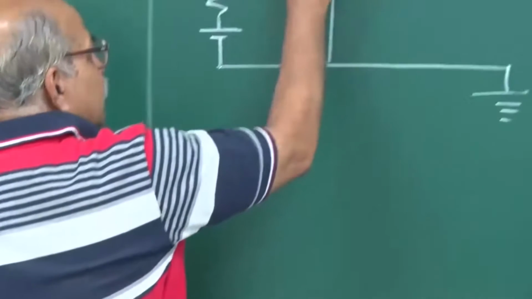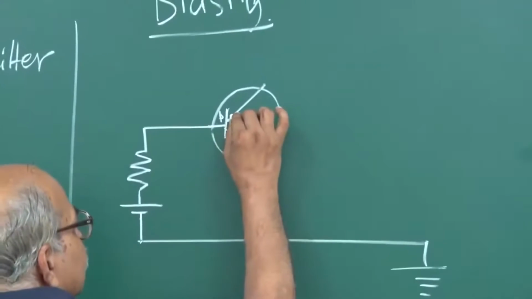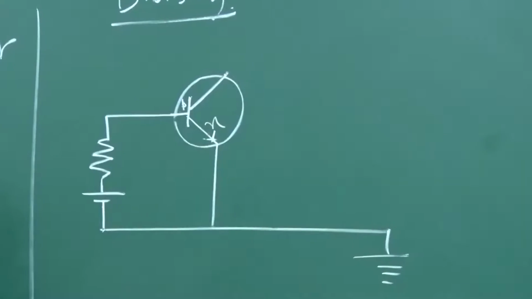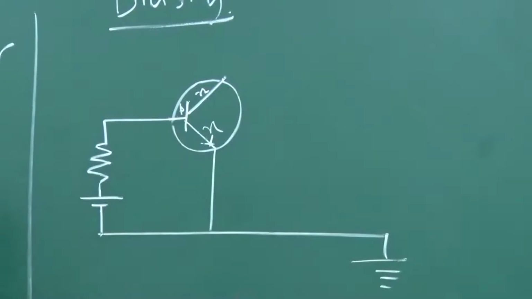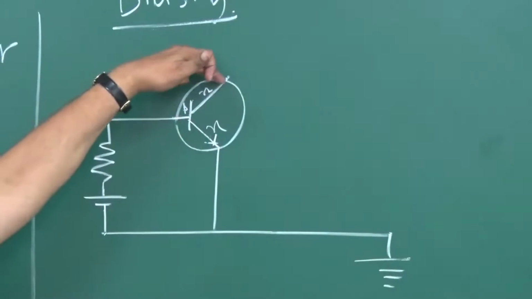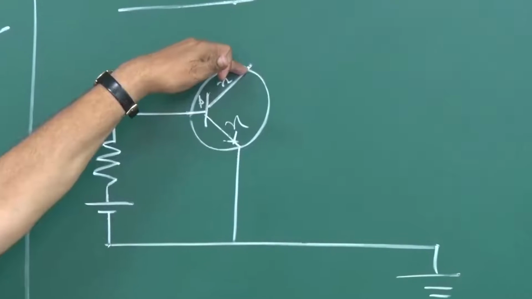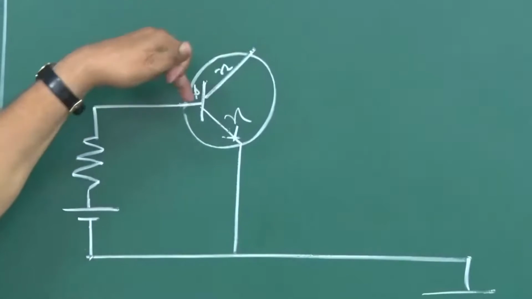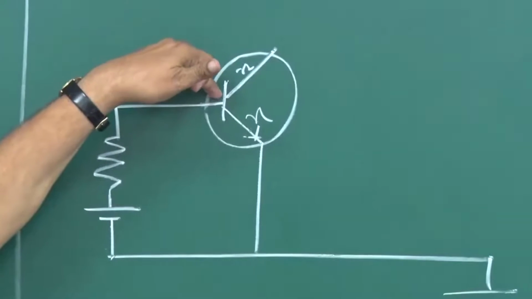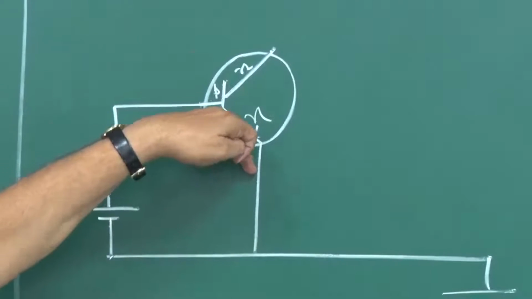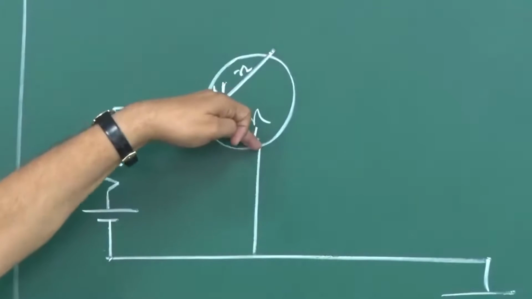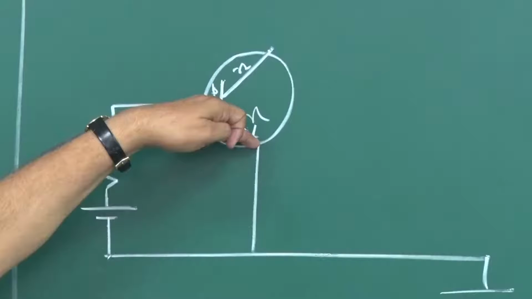So here is the base and here is the collector, and remember this is N, this is P, then this is N. It has to be reverse biased. So this N side should be at a higher potential than this P side, and this should be at a higher potential than the emitter voltage.